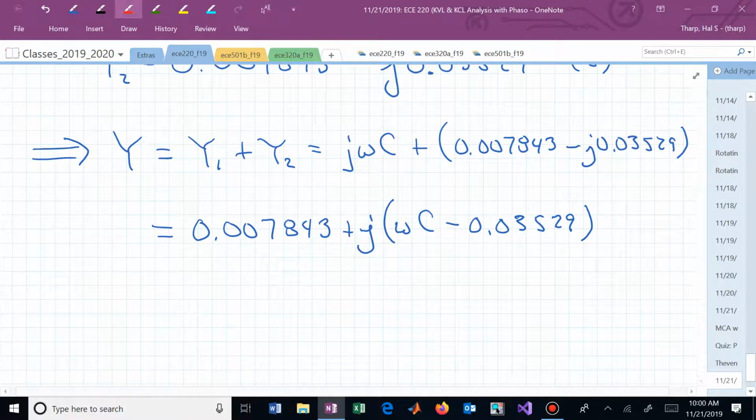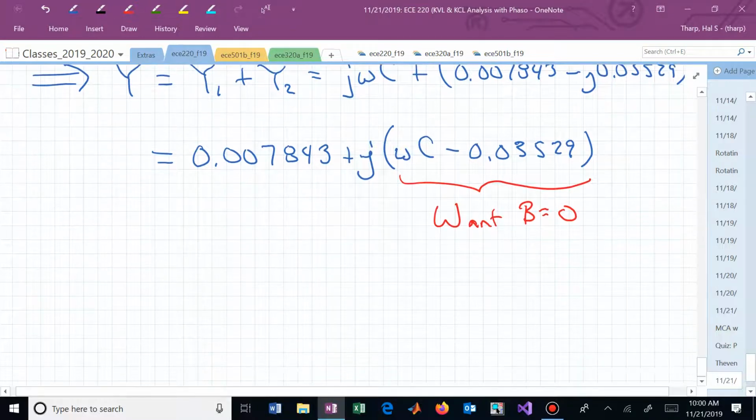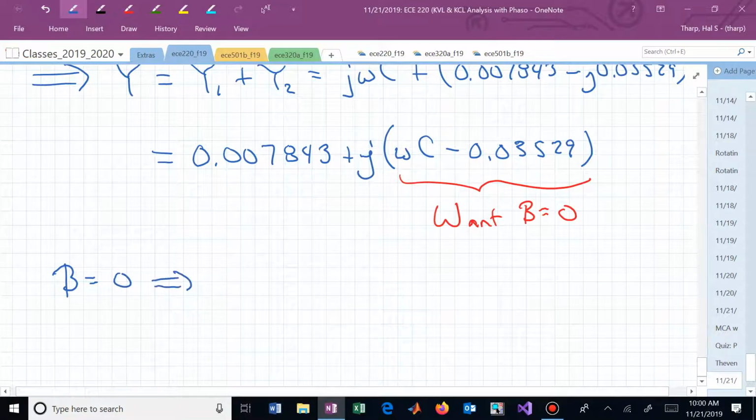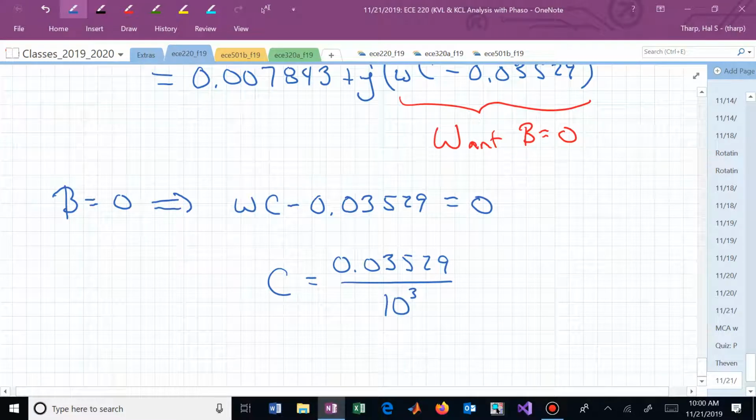We're trying to find what's the magic capacitor value C to make that imaginary component go away. We're trying to make this equal 0, and that was what we were calling B before. It was G plus JB for Y. We want that component to be 0. Now we know that omega C minus 0.03529 is equal to 0, or C is now equal to that over omega, where omega was 1,000.